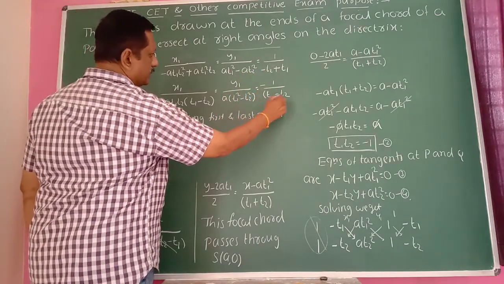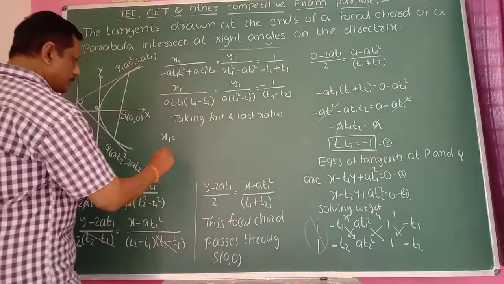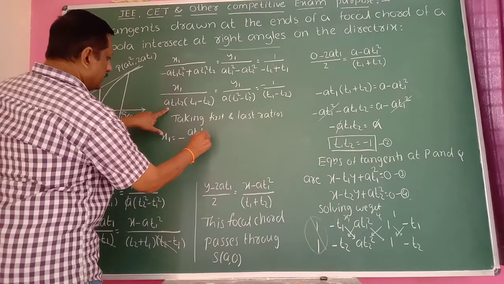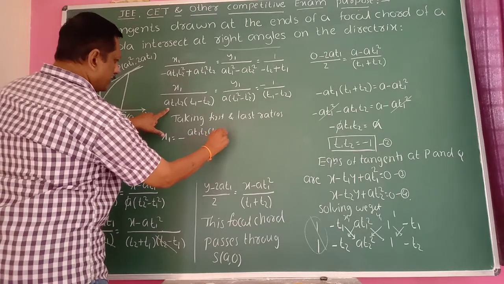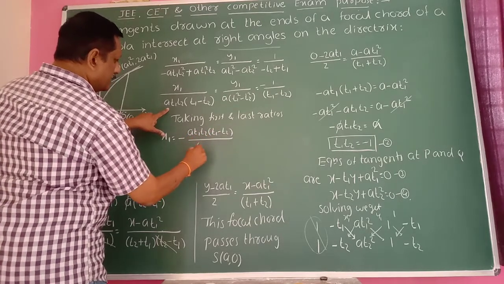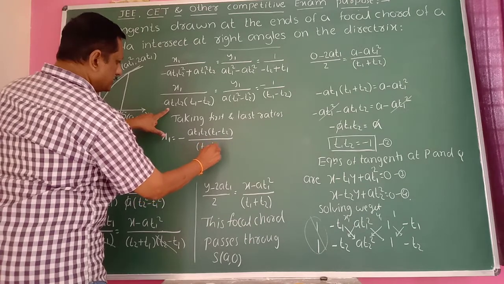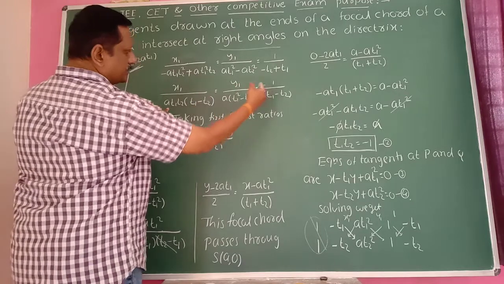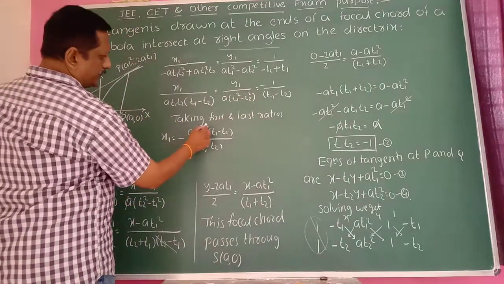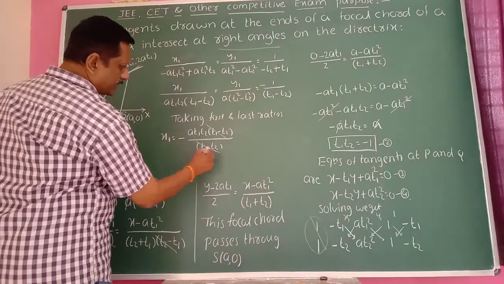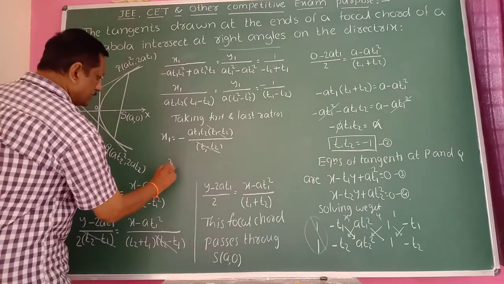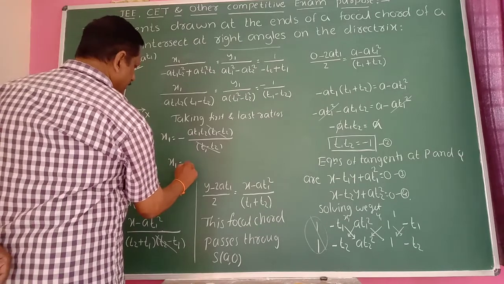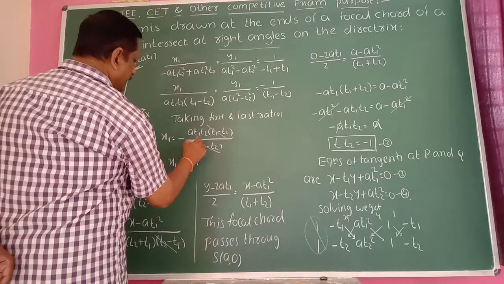So minus of a into t1 t2 into t1 minus t2 divided by t1 minus of t2. Taking first and last one and cross multiply we get this here. So t1 minus t2 and t1 minus t2 get cancelled. Therefore x1 is equal to minus of a into t1 t2 is there.